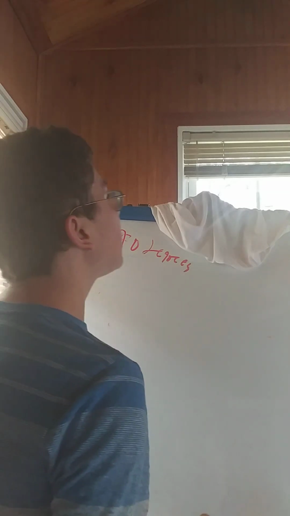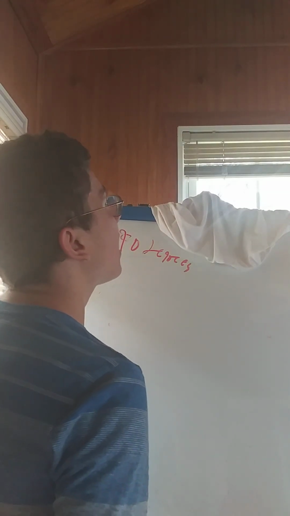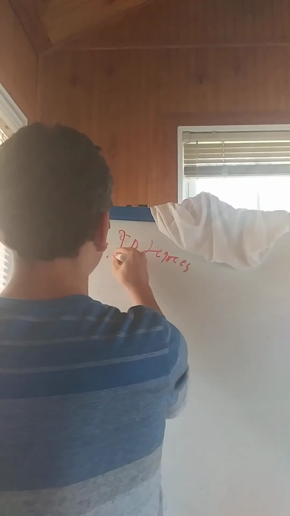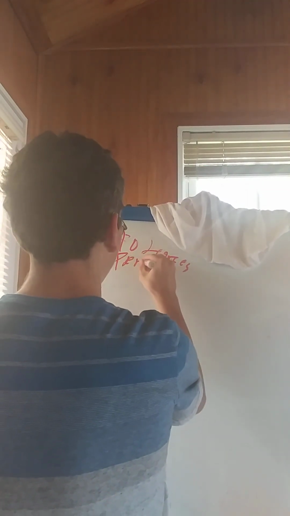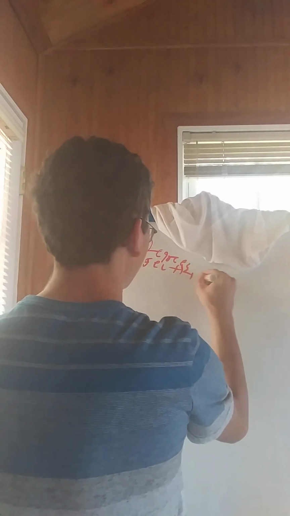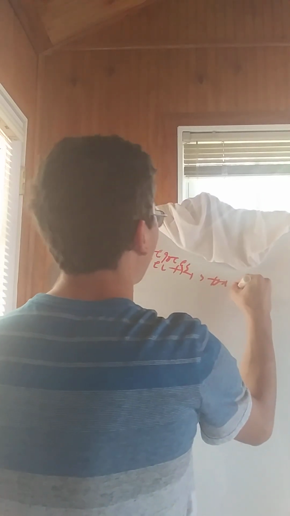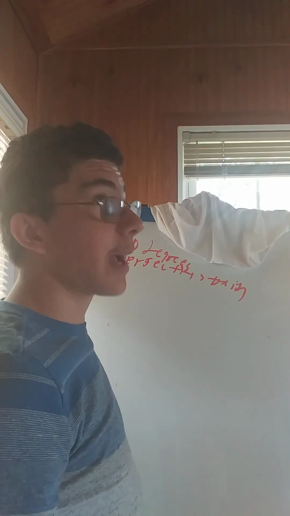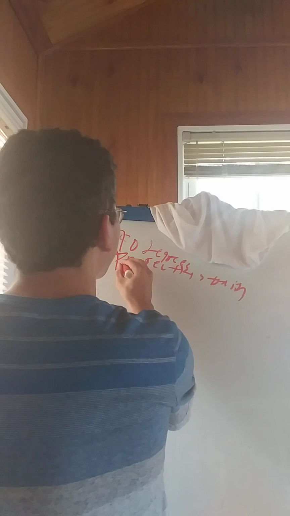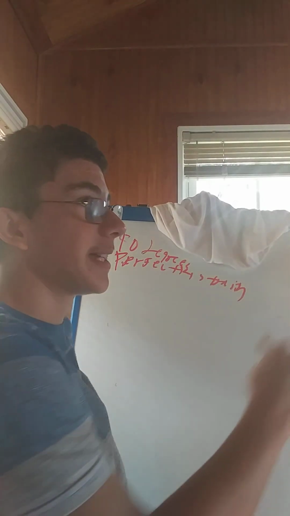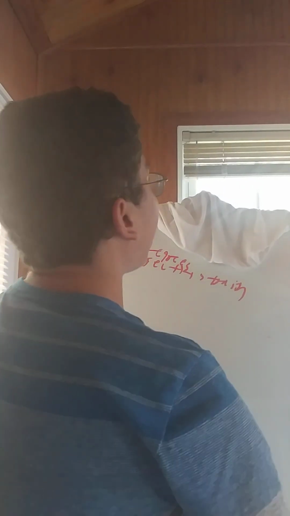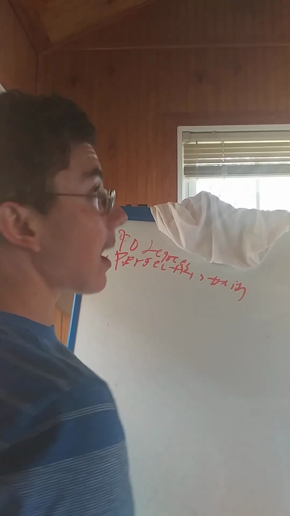Okay, these are like facts about it. 90 degrees, and then the next thing that I want you to put is both sides perfectly straight. Okay, so put both sides perfectly straight. I want you to write that down. Okay, so you wrote that down.